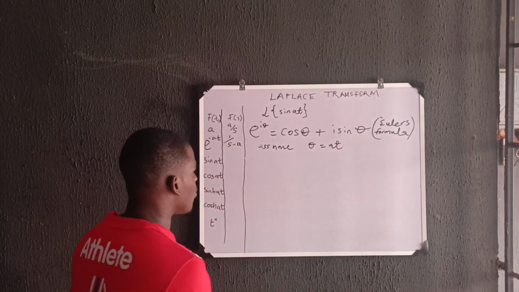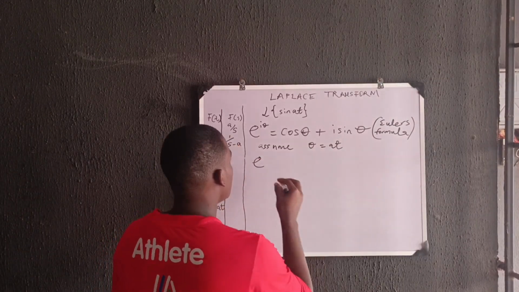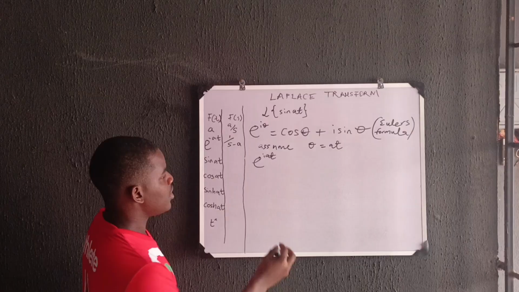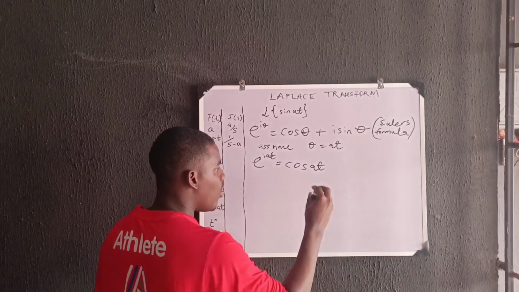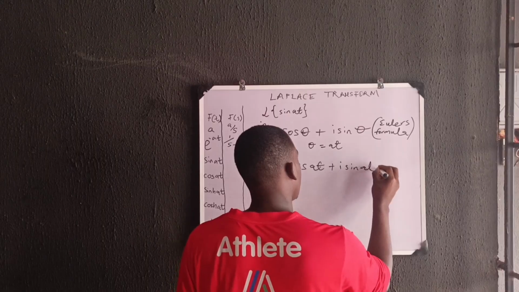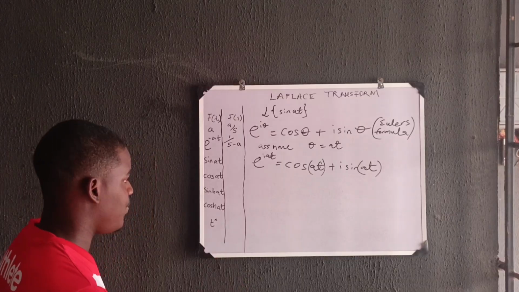Now, the first thing you're going to have is e to the i at is equal to cos at plus i sine at.